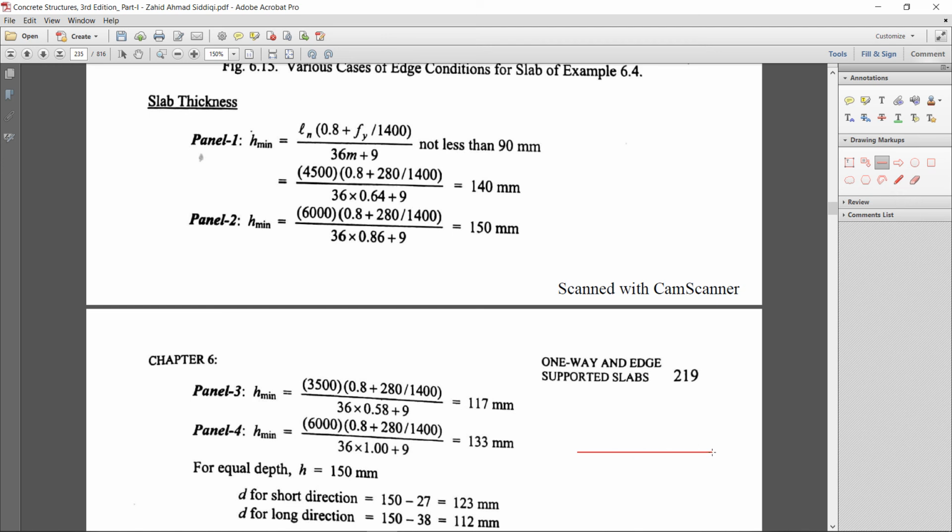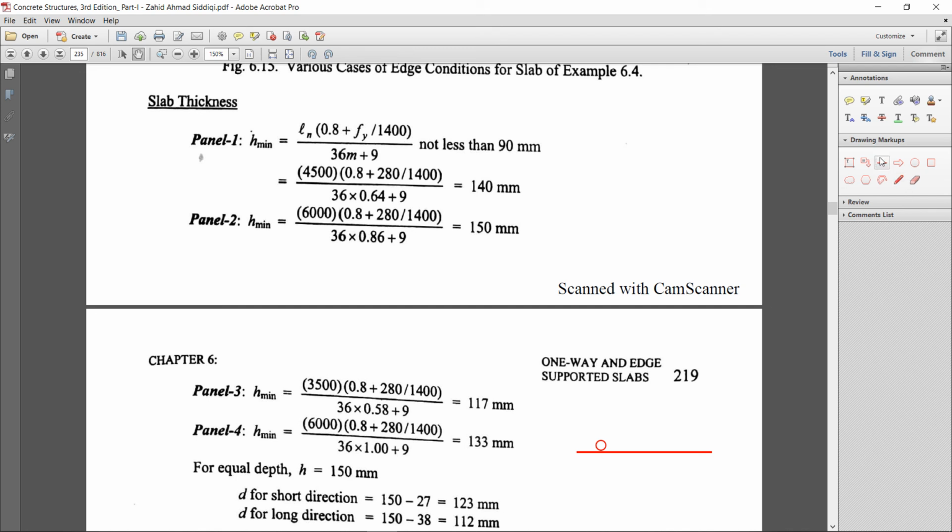For example, these are the main bars. This is the distribution bar. So from the center of the main bar, you get the d value of 123 millimeter.